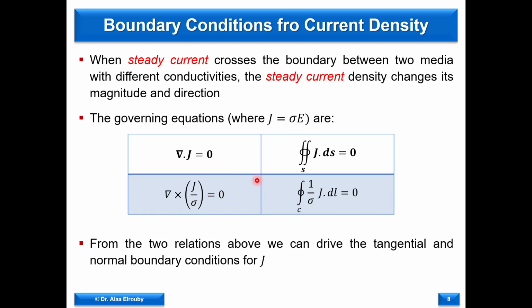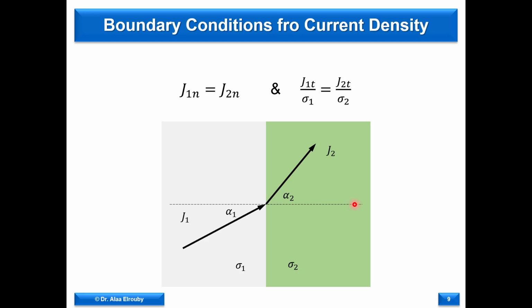So we have those two. This is the conservation of electric potential, but written with E equal J over sigma, and this is the continuity equation. These two are the differential form, and those are the integral form. So those are the boundary conditions for current flowing under steady state conditions. From these two laws, we can conclude these two boundary conditions.